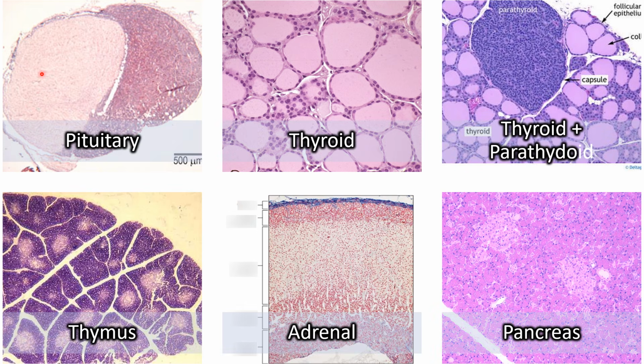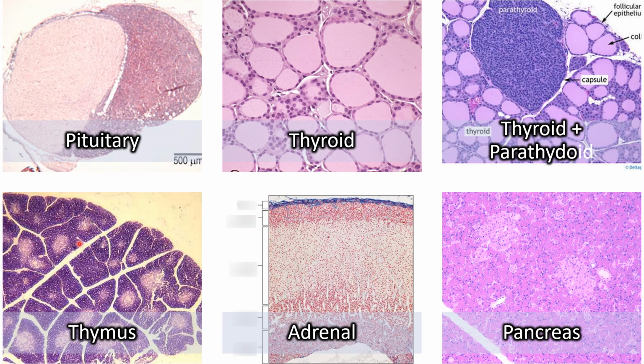All right, so remember pituitary, 2 distinct regions. Thyroid, you have the thyroid follicles with the smooth islands surrounded by a necklace of follicular cells. You see those smooth islands next to a big clump? Well, you know it's your thyroid and parathyroid.